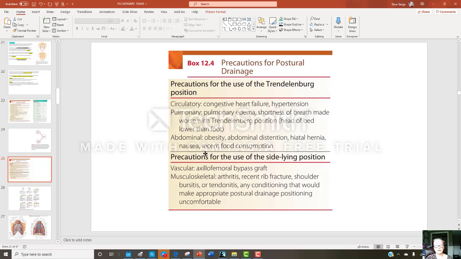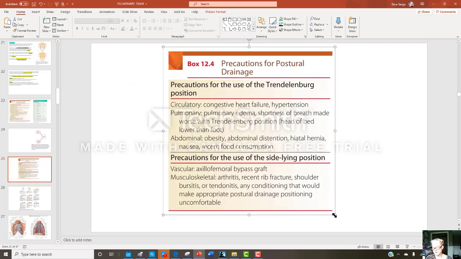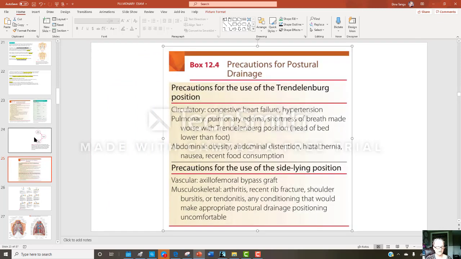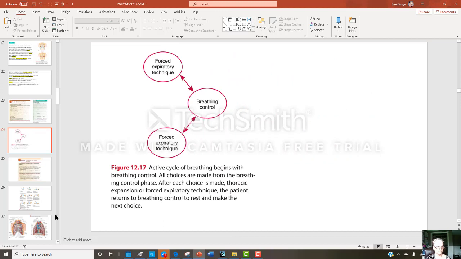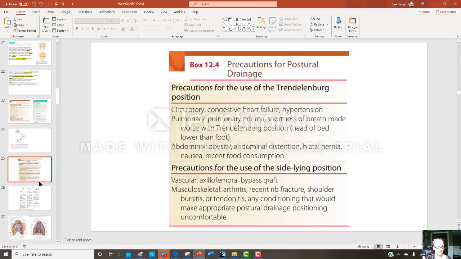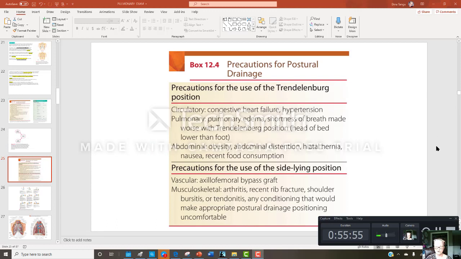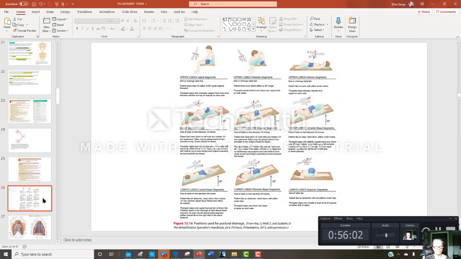We can give that its own little slide here. Okay. All right, so let's go ahead and stop this at an hour, and then we will do part 2 on the positions for postural drainage. Yep, that's what we're going to do.